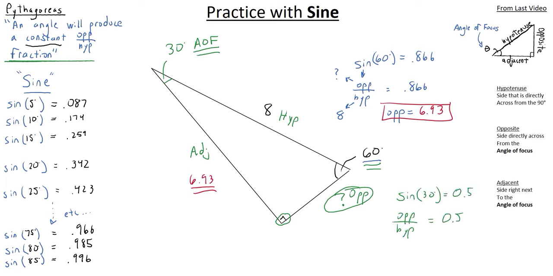So my calculator tells me that the opposite over the hypotenuse of a 30-degree angle is equal to 1/2, 0.5, and we can just crunch the math again. Opposite is unknown, hypotenuse is 8, 8 times 1/2 is 4, so now we know the length of that last unknown side.